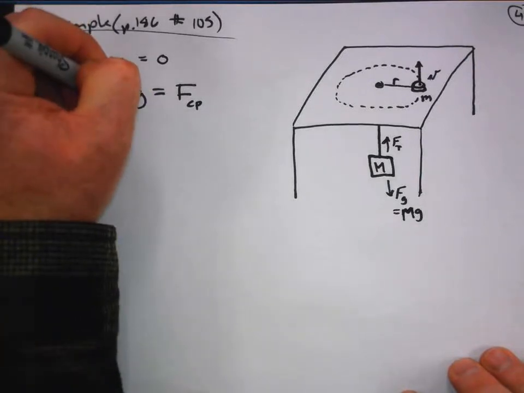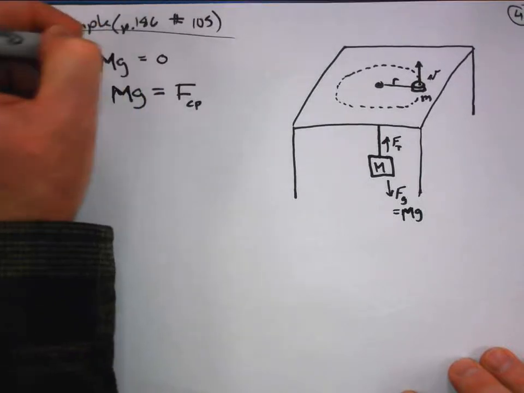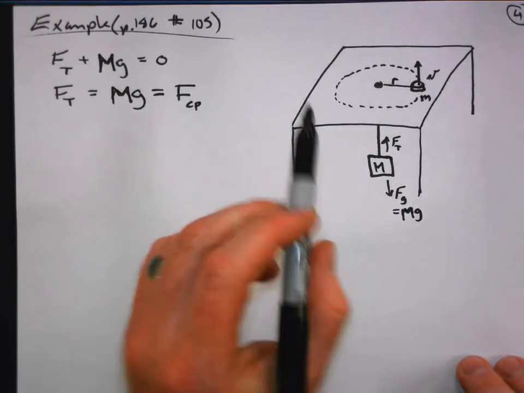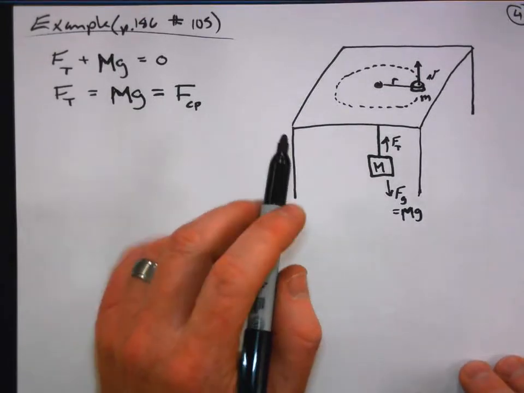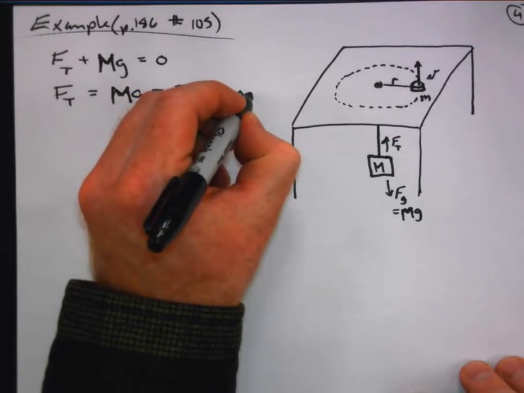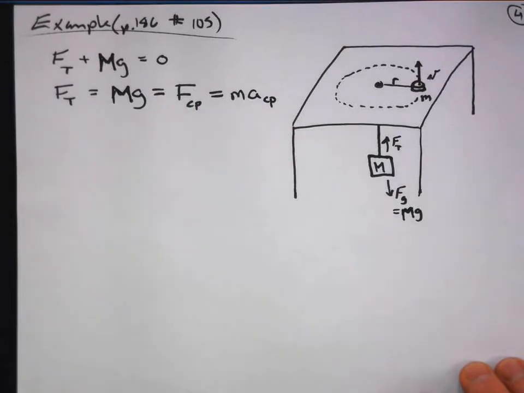Here I go with my M's again. Capital. Just realized that. You caught that, I'm sure. So the next step really is I'm going to break this guy down. Lowercase m here, and this is going to be times the centripetal acceleration.